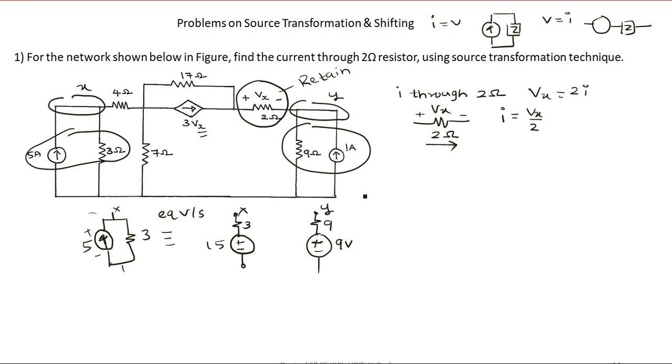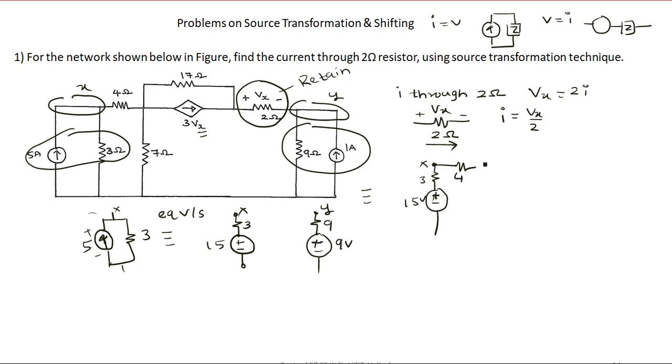So now I can redraw this circuit like this. Okay. So I have a point X where I can use this 3 ohm resistor, then followed by plus and minus 15 volts, and you can check here from X it is connected to 4 ohms, right?